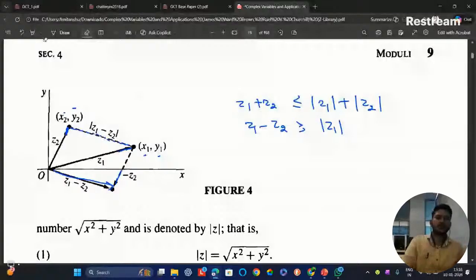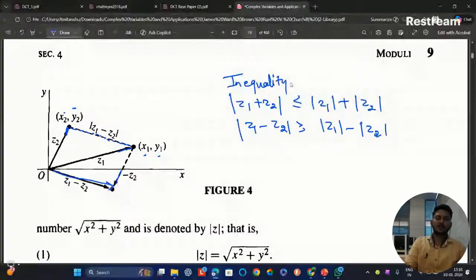By the help of these two inequalities we find the difference. Okay, so I hope you understand this. So here is the figure for this.